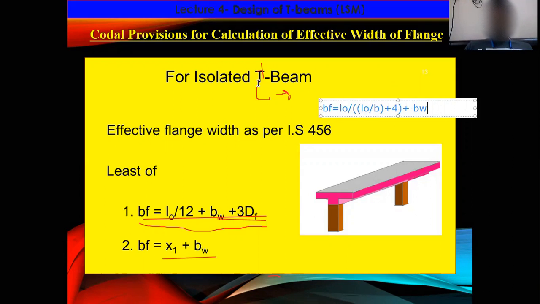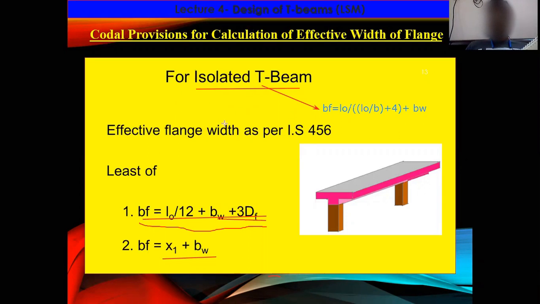This is for isolated T beam. To determine the effective width of the flange of an isolated T beam, we need to use this formula: bf equal to l0 by (l0 by b plus 4) plus bw.